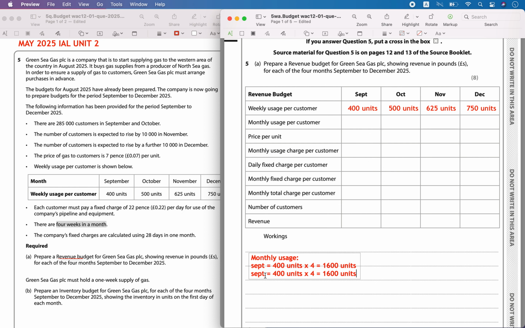Now we can calculate this for October as well: 500 units times 4 is equal to 2000 units. For November it is 625 units times 4, which is equal to 2500 units. For December it is 750 units times 4, which is equal to 3000 units.